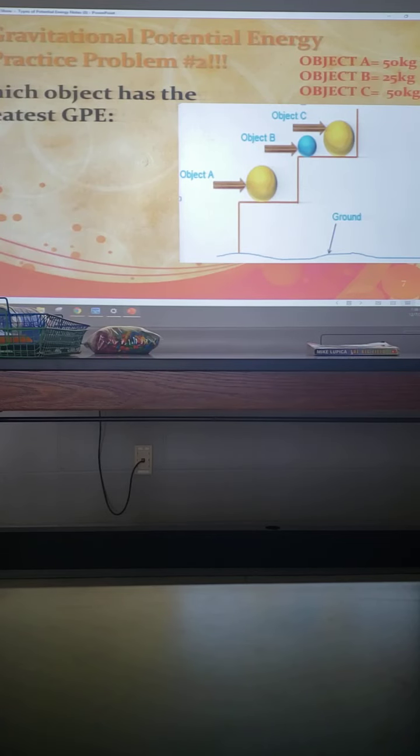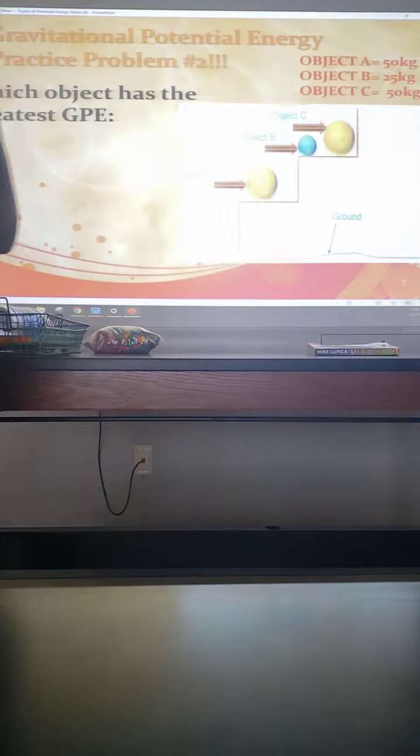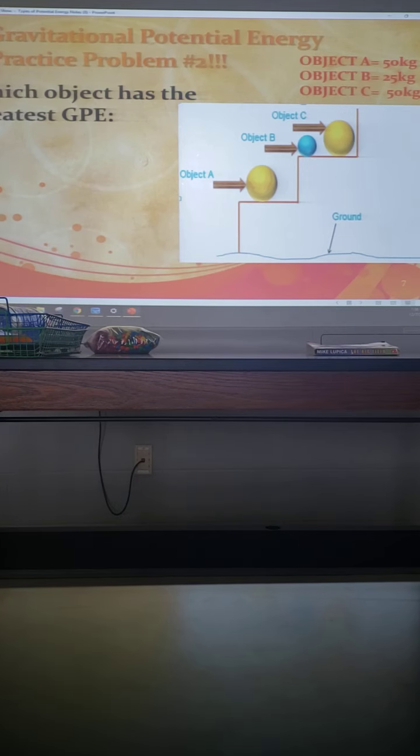Okay, so we ended on slide number 7 with our GPE, our gravitational potential energy. Mass and height, like David said, are the two variables that affect an object's gravitational potential energy. GPE is the abbreviation we're going to use a lot.